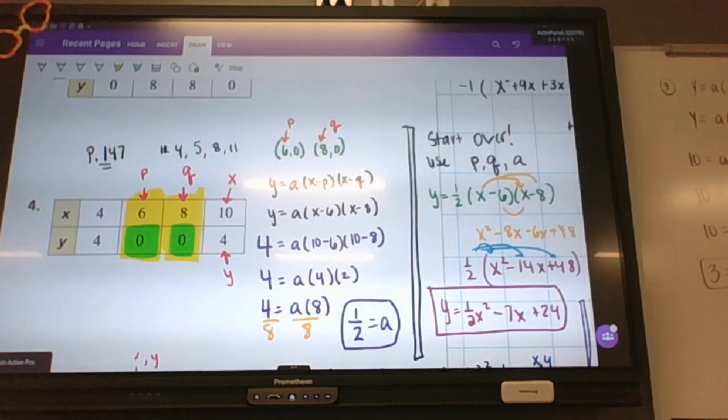X times negative 8, negative 8x. That's negative 6x, and those two make a positive 48. So if you're having a hard time with that FOILing or double distribution, you can use this method. That'll give you that. But if you just do enough, you start to come up with it kind of mentally.